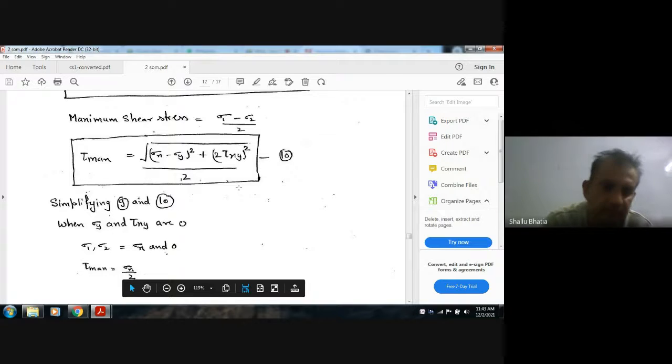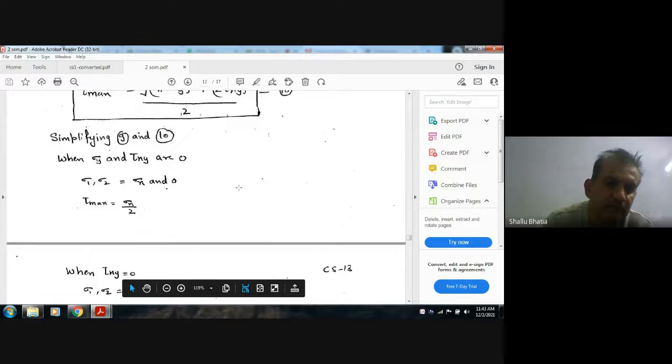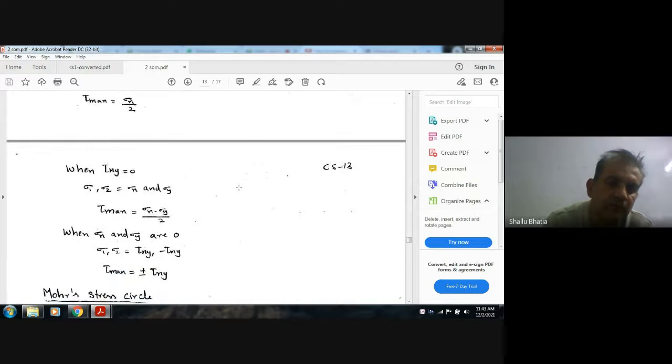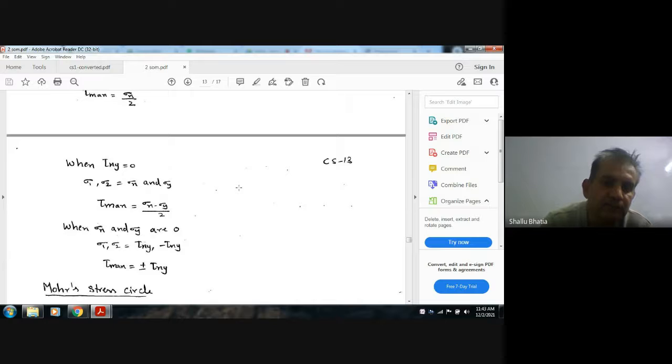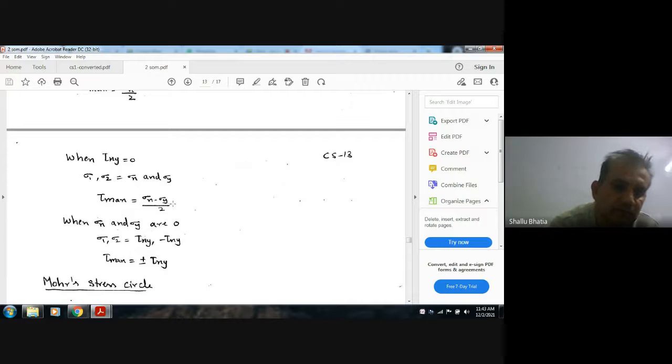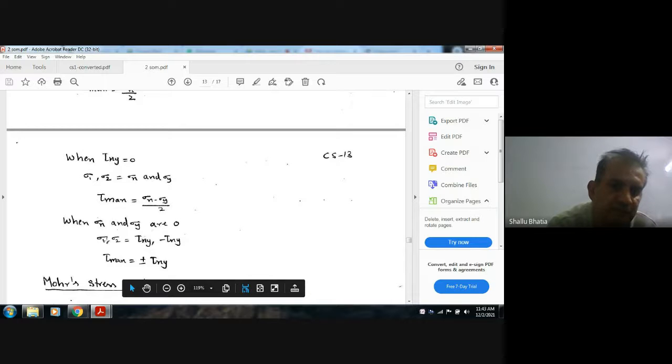And similarly, tau max will be sigma x by 2. Okay. Now if we put tau xy is equal to 0, then we can find out the expression for biaxial stress. Then tau max will be sigma x minus sigma y by 2, and sigma 1 and sigma 2 are sigma x and sigma y. Okay. Thank you.